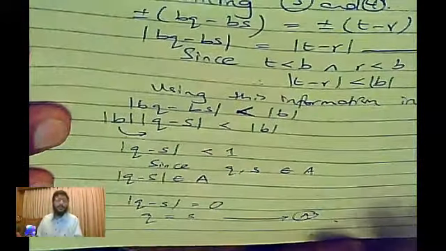Now I'm going to prove the uniqueness of R using A, that Q equals S, in equation 5.